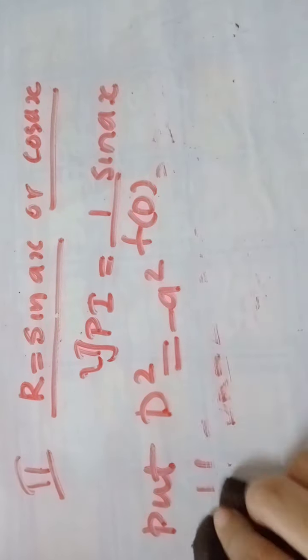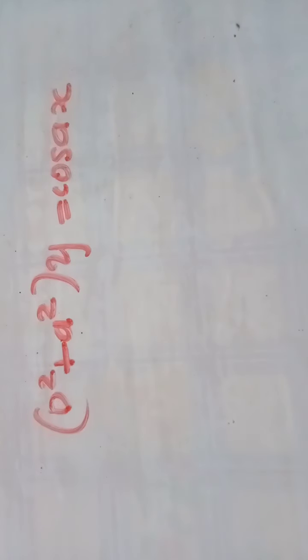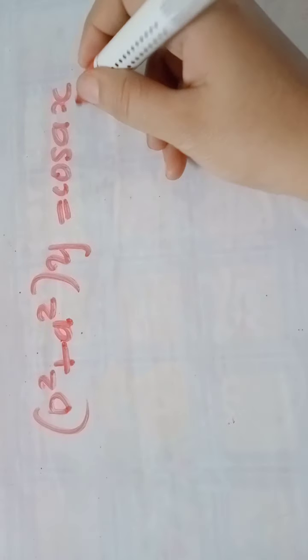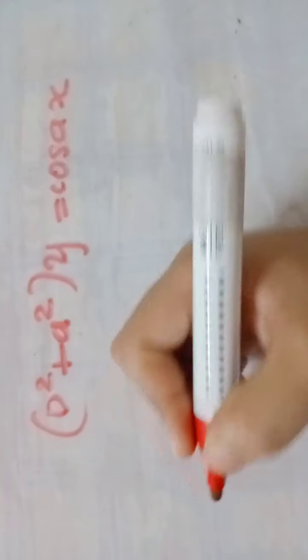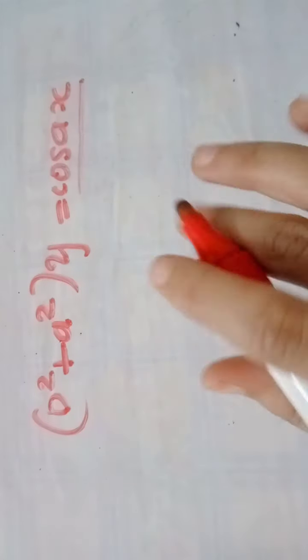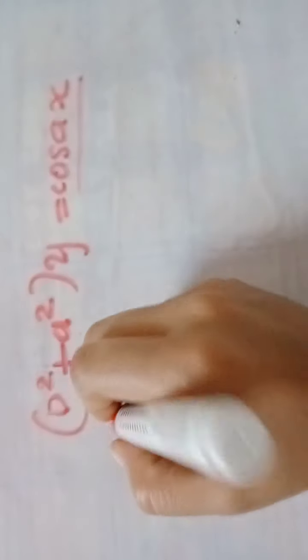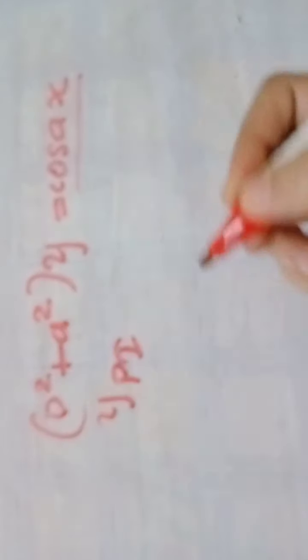So what about the examples? We are considering a non-homogeneous equation with the right hand side cos ax. We know we have to follow the method for the right hand side cos ax or sin ax to find the y particular integral.